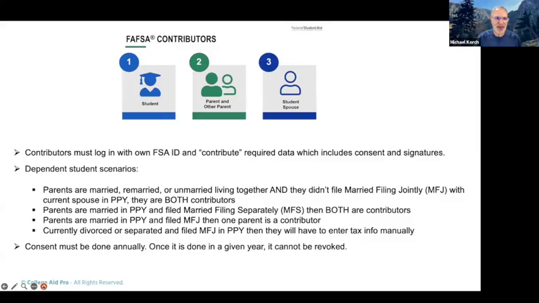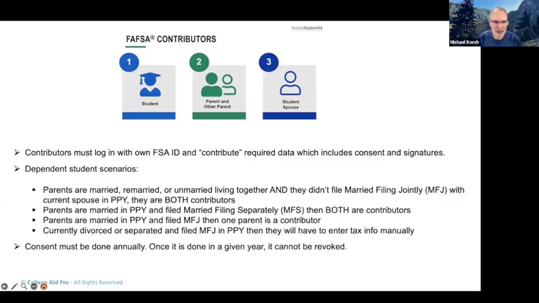And then there's going to be that second individual. In most cases, it's going to be one parent, the custodial parent, that's going to provide information for that login number 2. Now, there are some scenarios where potentially both biological parents are going to be contributors.